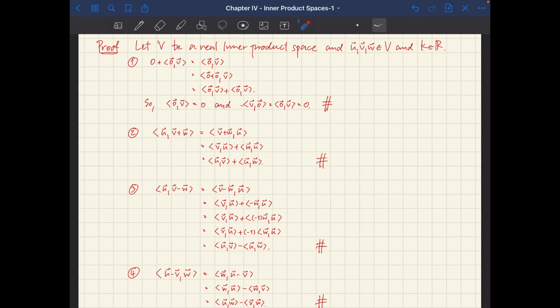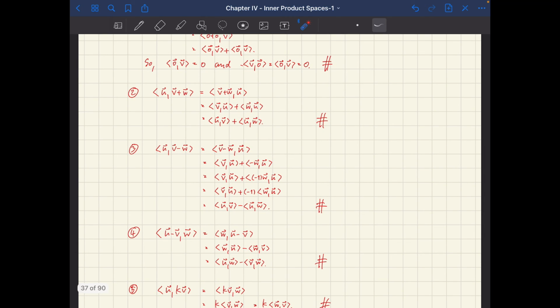Next, the minus w is minus 1 multiplied by w. We look at minus 1 as a scalar, so we can pull the scalar out. This comes from the homogeneity axiom, and minus 1 multiplied with a plus gives a minus. And we use the symmetry axiom again.